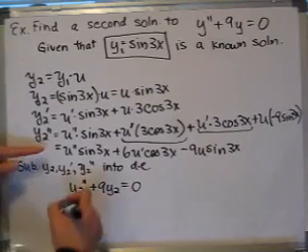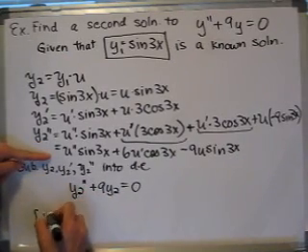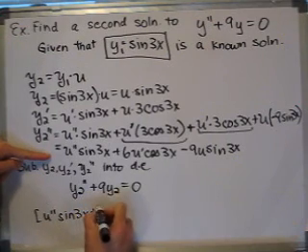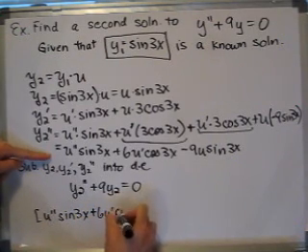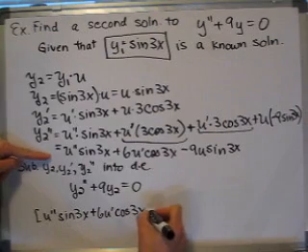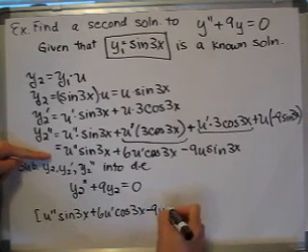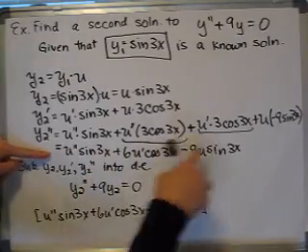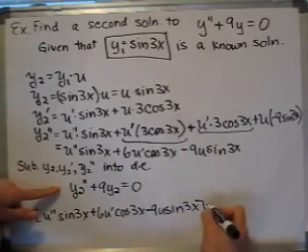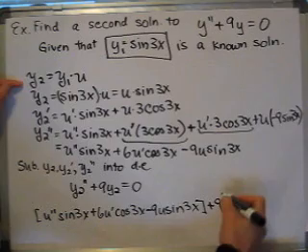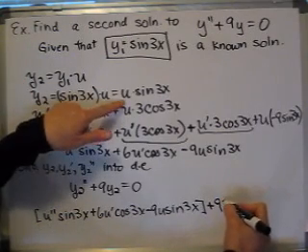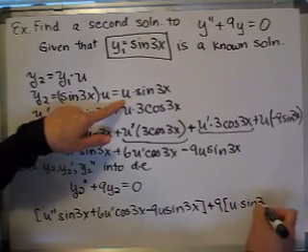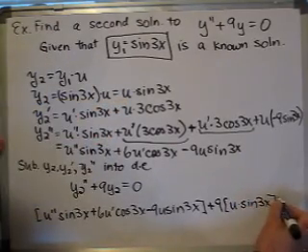Plugging in y2 double prime, I get u double prime sine of 3x plus 6u prime cosine 3x minus 9u sine of 3x. That's all for the derivative y2 double prime. Plus 9 times y2. y2 is actually u times the sine of 3x, and that equals 0.